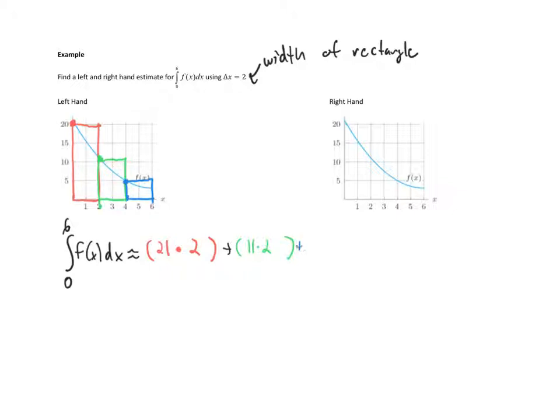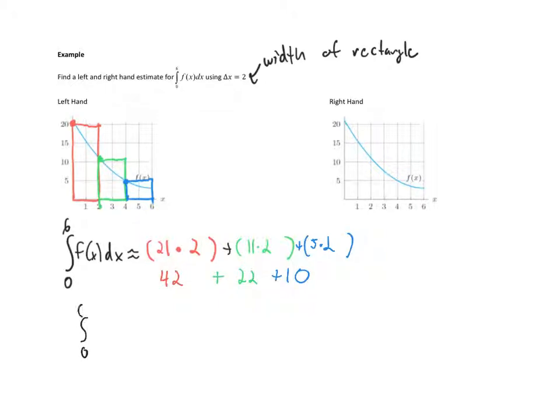Then I'm going to add the area of my blue rectangle, which looks like a height of about 5, and again the width is 2. So the area of the red rectangle would be 42, plus my green rectangle 22, plus the blue rectangle 10.